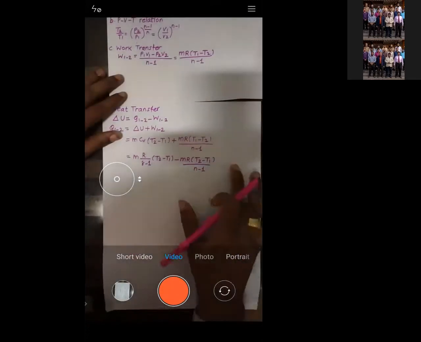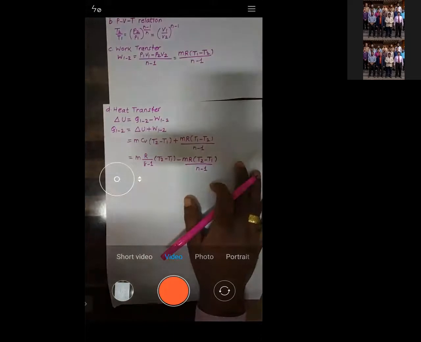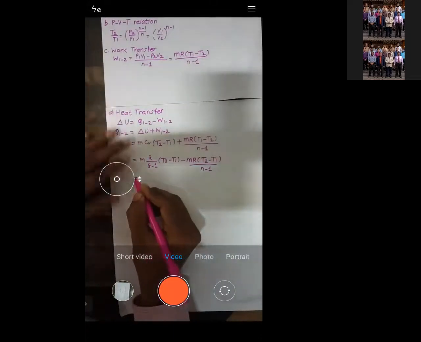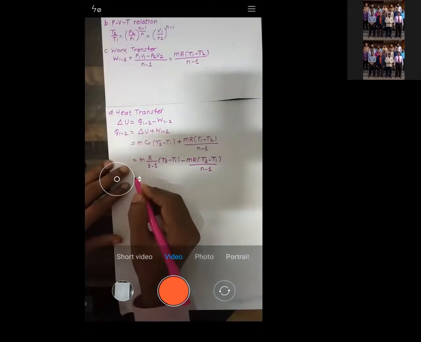How to simplify this equation? Can you tell me? Okay, so let us solve it.